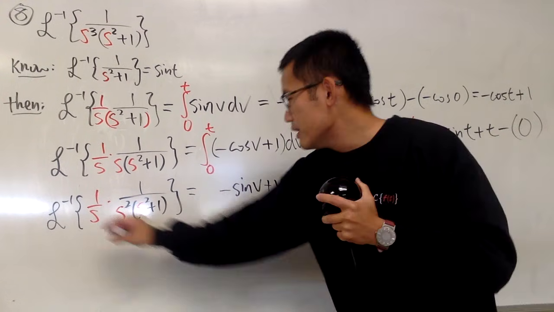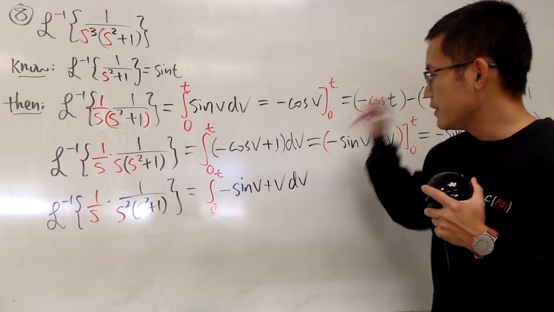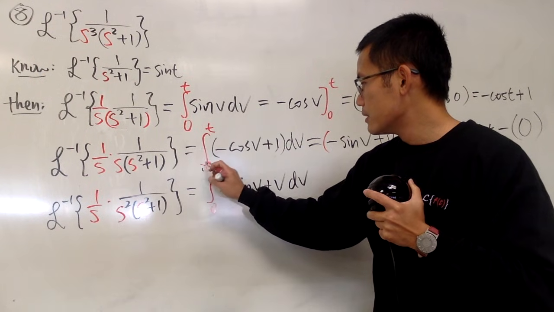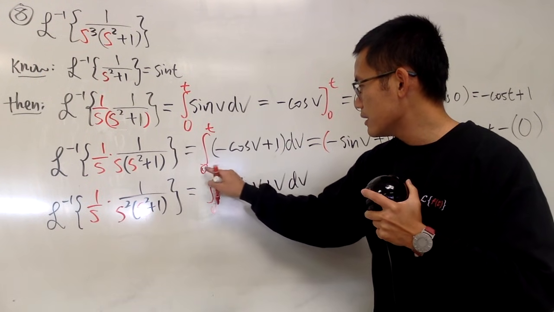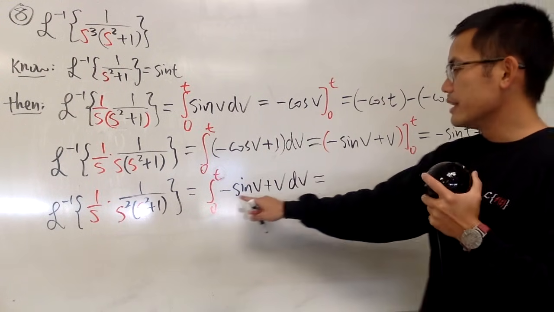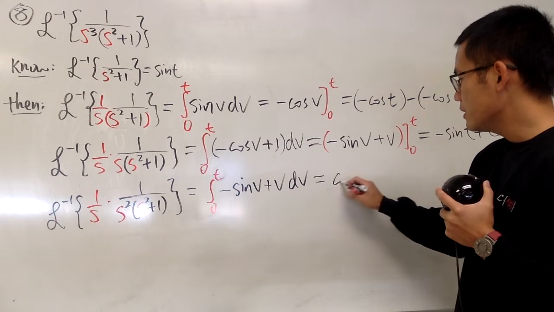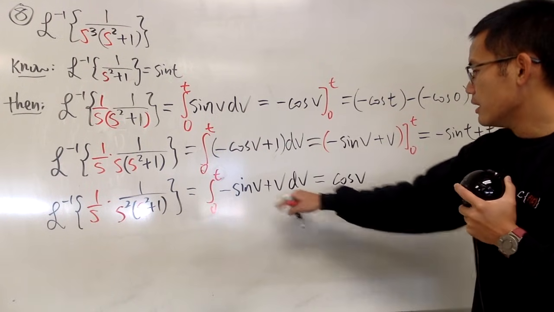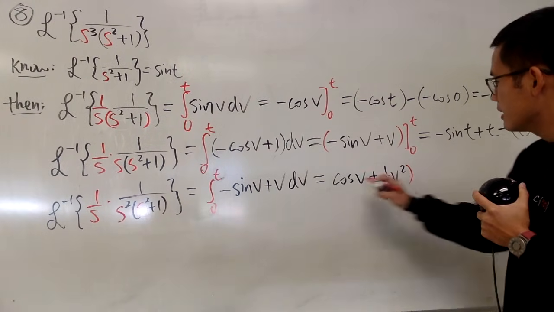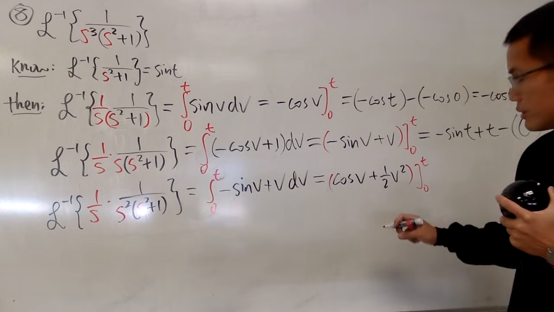We just go ahead and integrate from 0 to t, in the phi world. Then just integrate this. The integral of negative sine phi is positive cosine phi. And integrating phi, we get plus 1/2 phi squared. Then plugging in 0 and t, let me write it down for you.